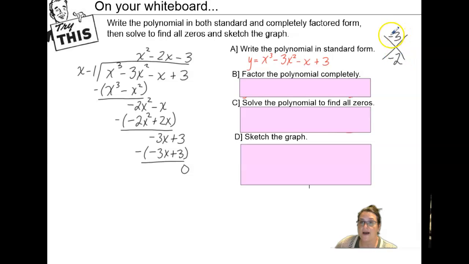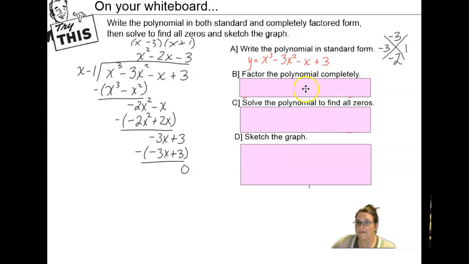So I'm looking for factors of -3 that add to equal -2, and those factors would be -3 and +1. They multiply to be -3, they add to equal -2. So the factors of x squared minus 2x minus 3 would be x minus 3 and x plus 1.